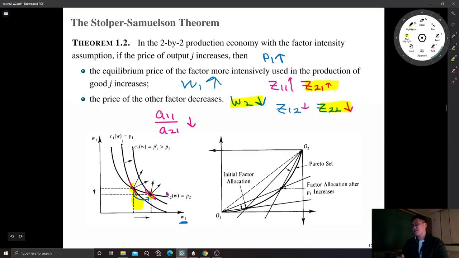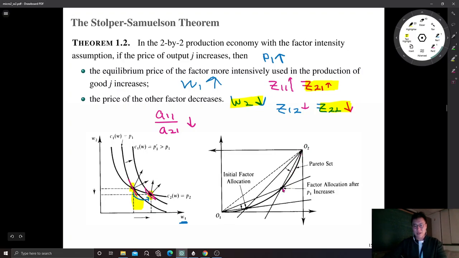The magnitude of the slope will decrease. So that results in a steeper ray from the origin O1. Okay, and firm 2's level curve slope also decreases, meaning that level curve will be flatter at the intersection. So the slope of the ray from origin 2 also decreases.